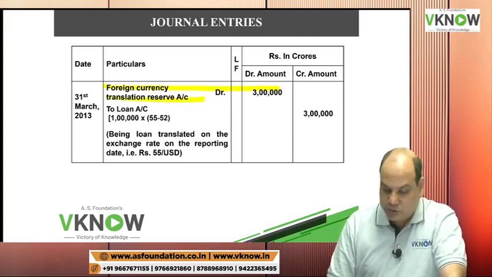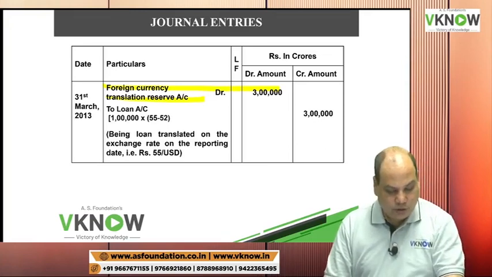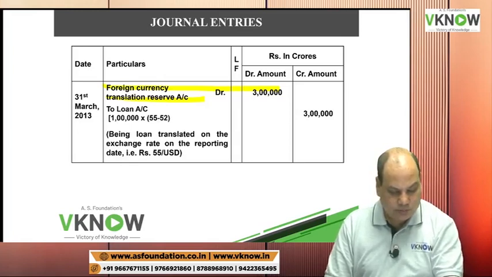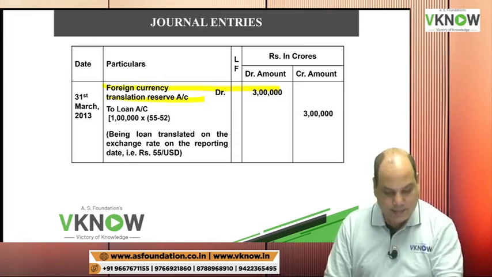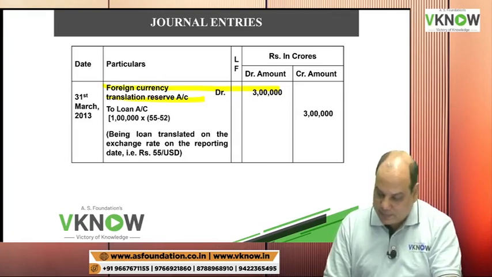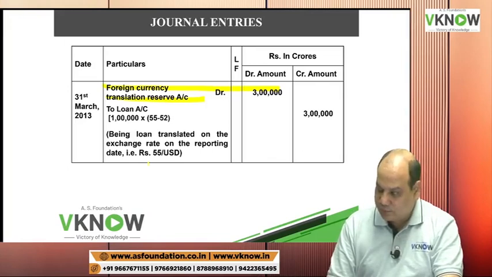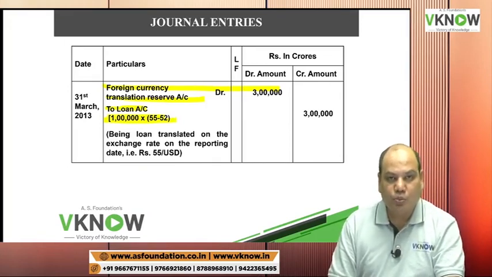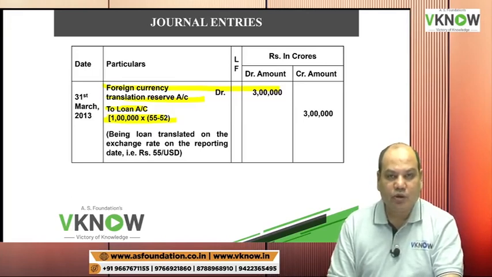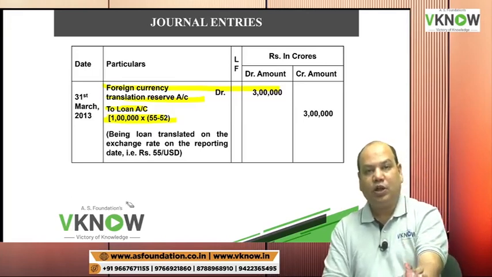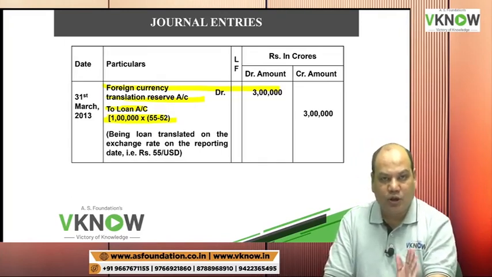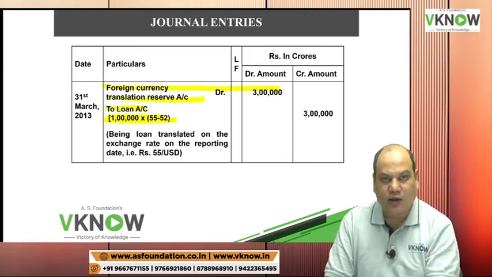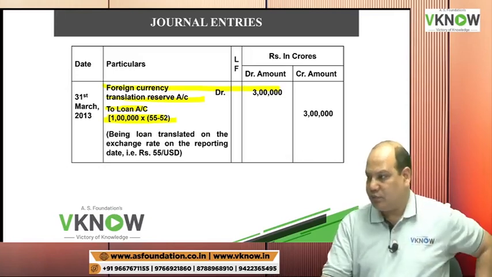So write down foreign currency translation reserve account debit to loan account 3 lakh, because now whether it is loan or land, both will be translated at closing rate and both will be transferred to FCTR because the foreign operation is now classified as non-integral foreign operation.